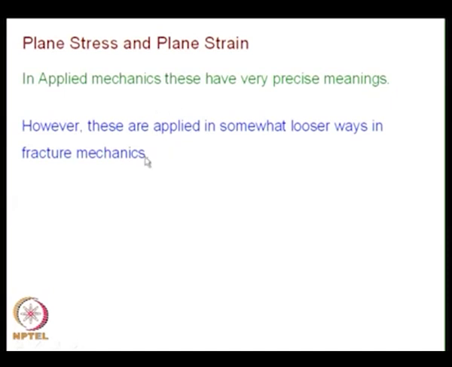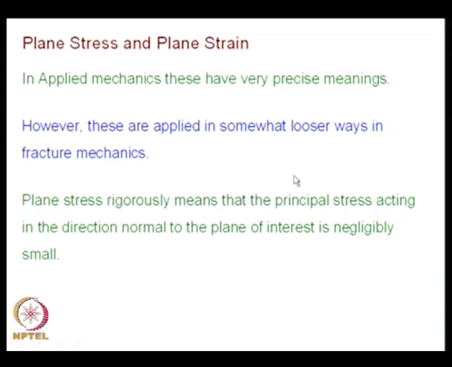The moment you come to fracture mechanics, these are applied in somewhat looser ways. You have to recognize that and keep that in your mind. In the context of applied mechanics, plane stress rigorously means that the principal stress acting in the direction normal to the plane of interest is negligibly small.